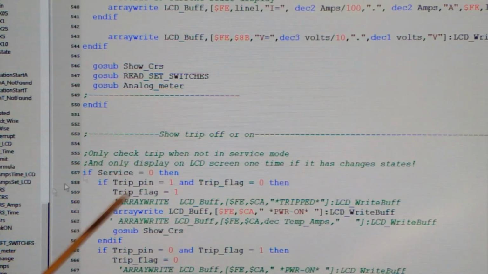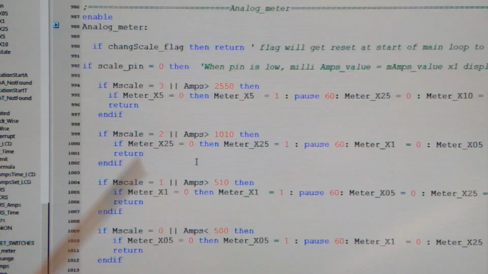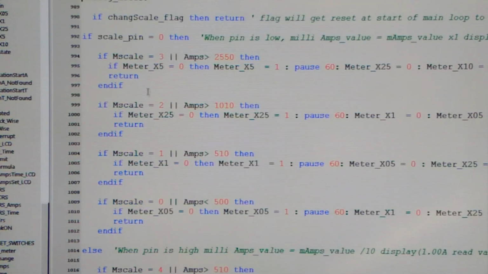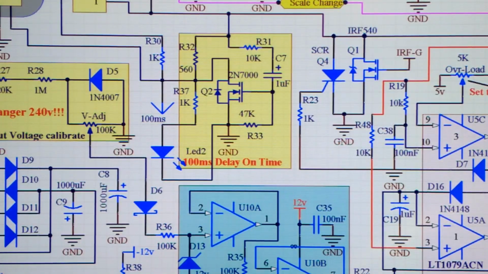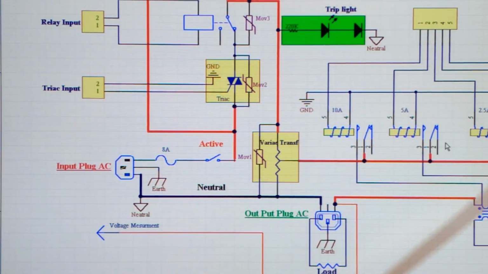I've created a label there, and let's go to that analog meter, and here it is. What this does, I'm using if statements in this case here. This is how the relays of the voltmeter work. So getting back, here is my scales.